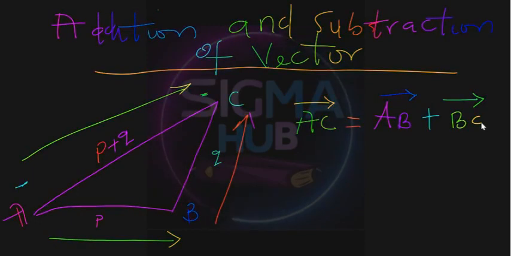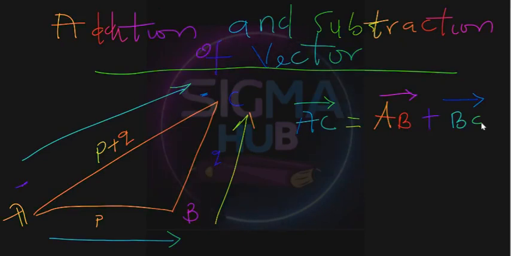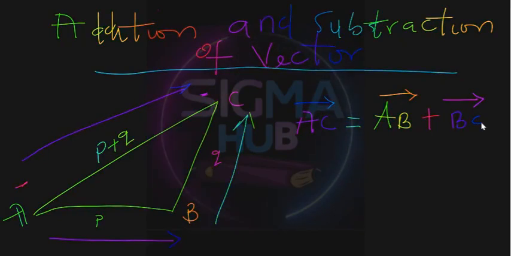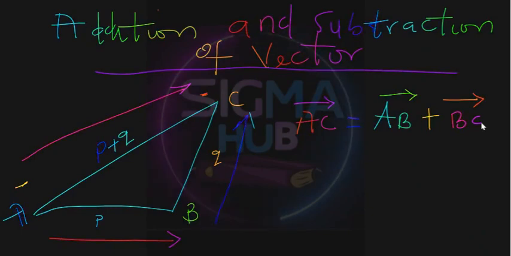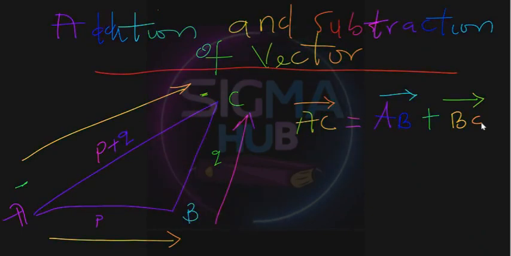Why? Because what AC can achieve is the same thing AB plus BC will also achieve.